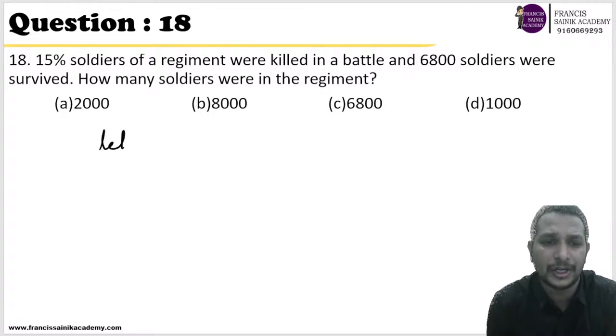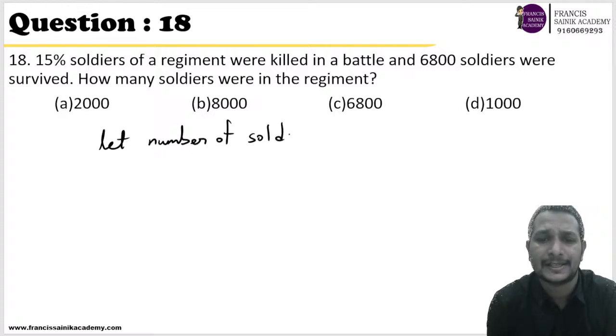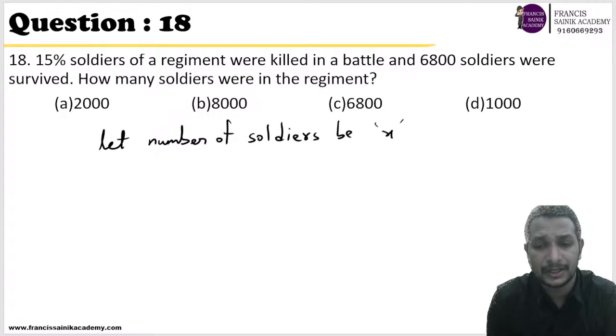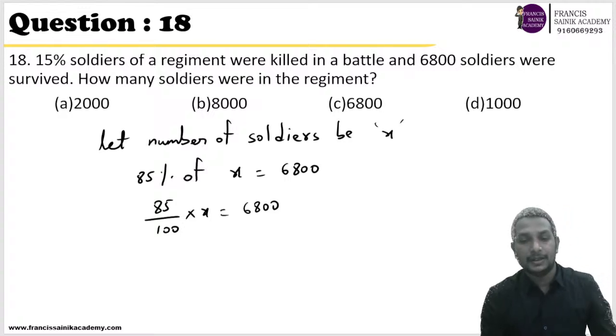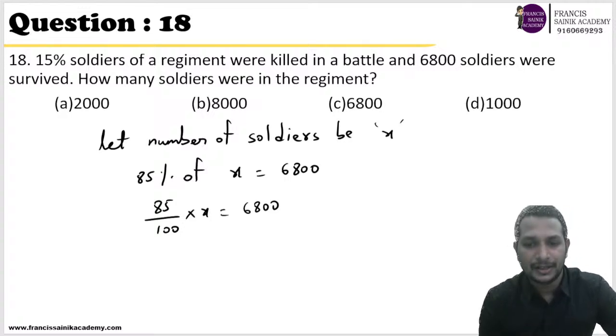Let the total number of soldiers be X. As they mentioned, 15% were killed, so the remaining 85% survived. 85% of X equals 6,800. So 85% into X equals 6,800.